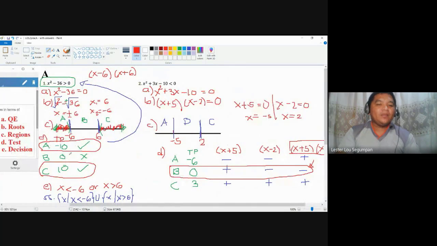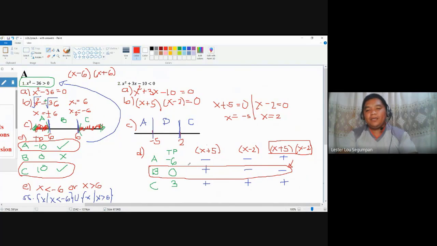In number one, we substitute in the given and determine if it's greater than 0 to get the test point. But in number two, we just use the signs, and then determine the product later on. Either way, it will give you the result, but it's up to you which to use. I'm just going to comfortably use this method for the rest of the problems.